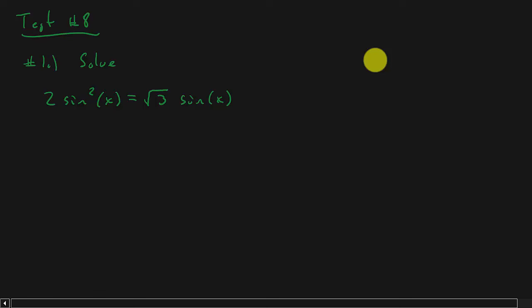So we want to solve this for all solutions between 0 and 360. And we're going to solve them for all solutions. So first thing, I've got a sine squared. Well, I want to get everything into one side, set it equal to 0.